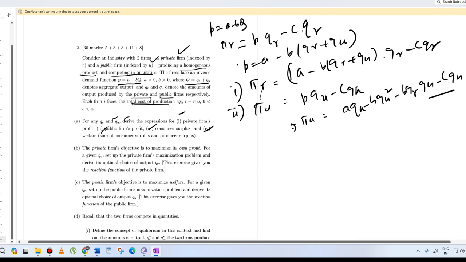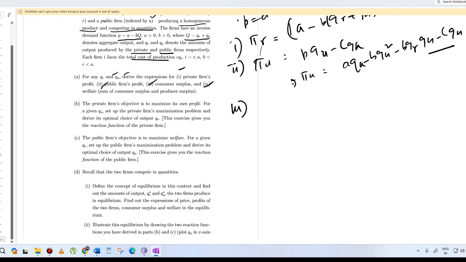For consumer surplus, very directly, this is the area under the demand curve above the equilibrium price.